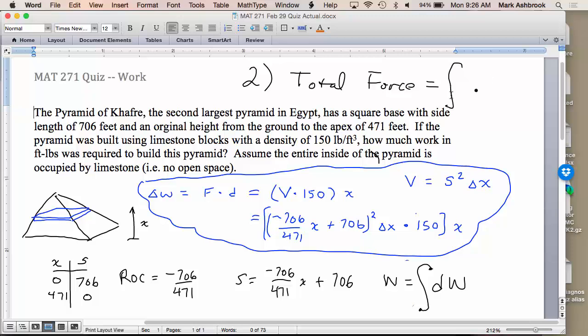The sum of little bits of force. That's number 2. The sum. If you haven't learned, here's your day. Leap day is your day to learn what an integral is about. If the force varies as soon as you move, then to get the total amount of force, we need an integral. We need to sum up little bits of force, and that will give us the total force. And that's what we do. That's what an integral is about.